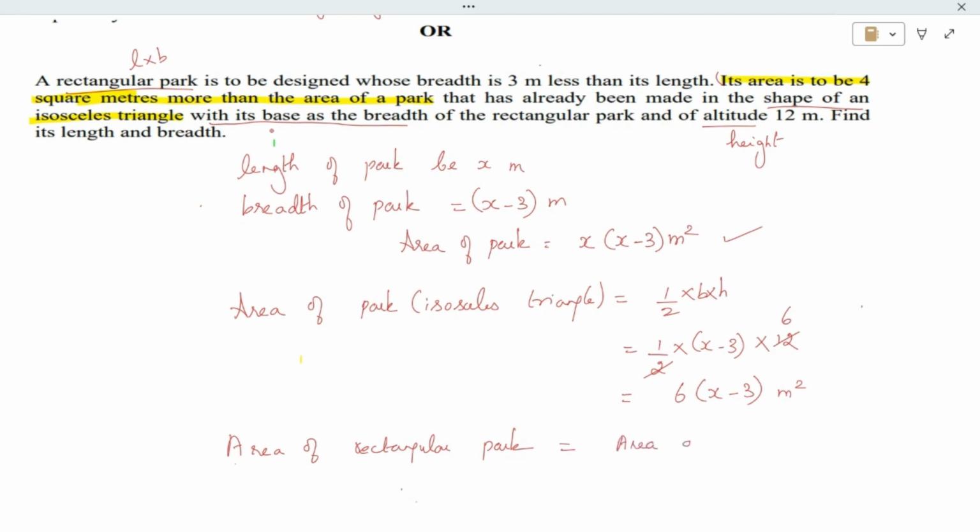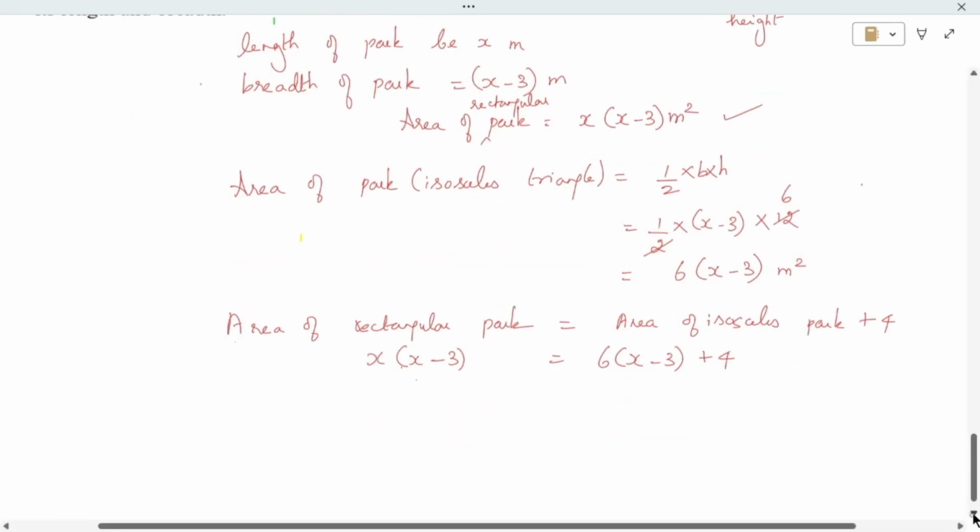So area of the isosceles park plus 4, isn't it? So now I am just going to substitute the area which I got from the previous values. So x into (x minus 3) is the area of the rectangular park, isn't it? Let me write this as rectangular. That is equal to the area of the isosceles triangle park, which is going to be 6 times (x minus 3) plus 4. So now just evaluate the bracket.